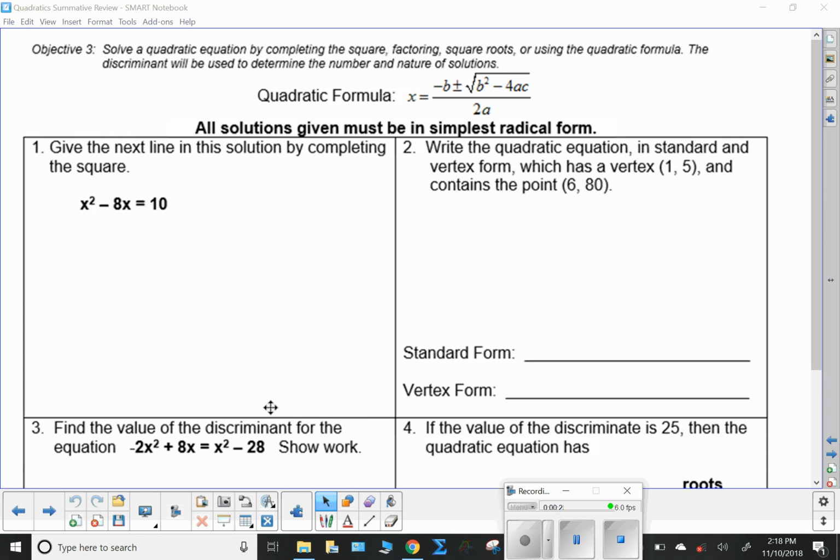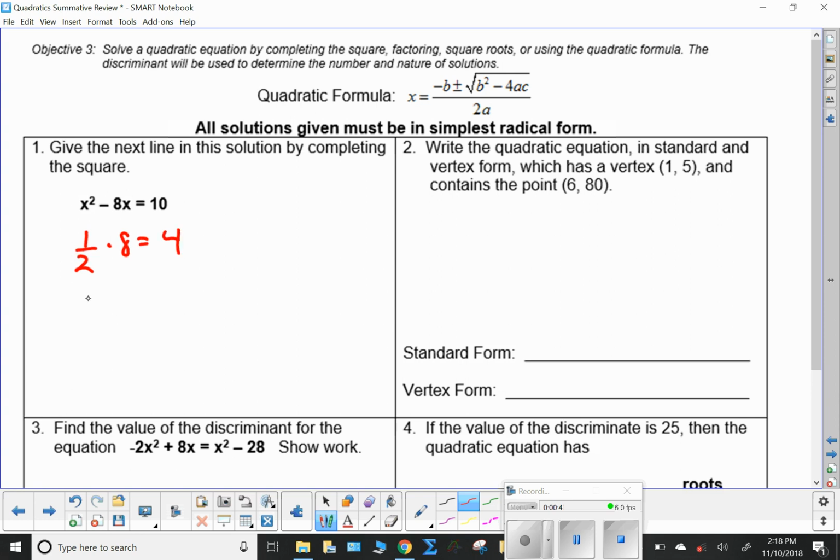Well, to complete the square, we need to take half of the b value and square it and add it to both sides. So first, we take 1/2 of the b value, we get 4.